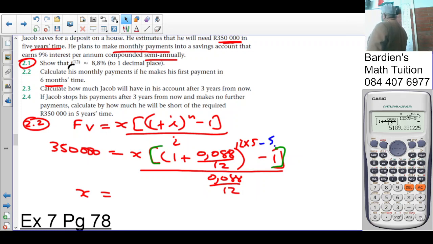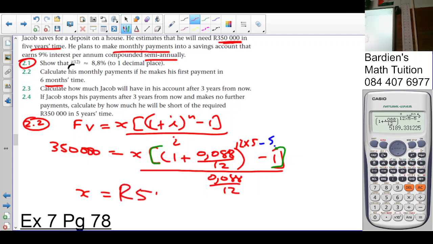Is that correct? Yes, 5,189 rand. Let's check here. This is number 2. 5189, yes? 5,189 rand and 33 cents.